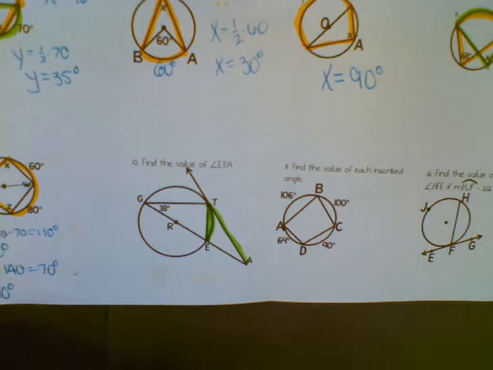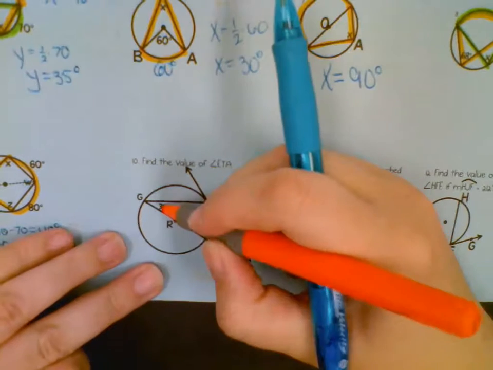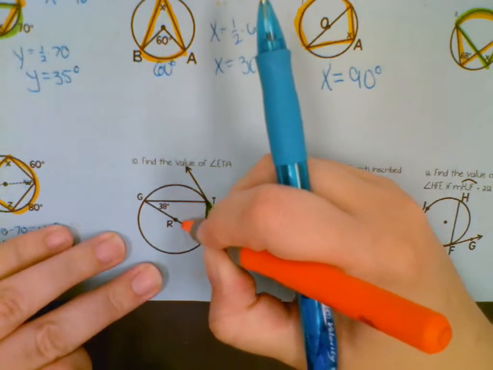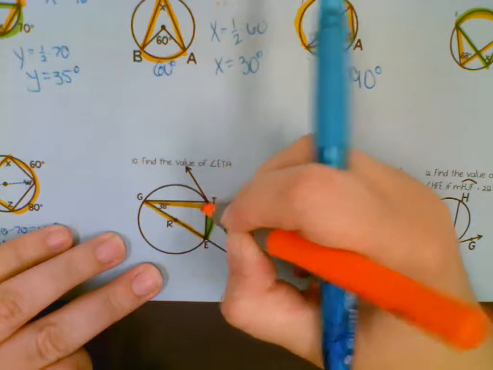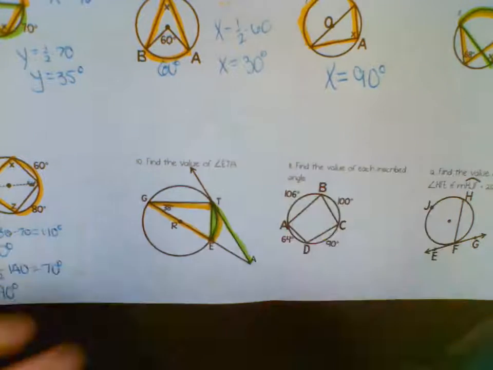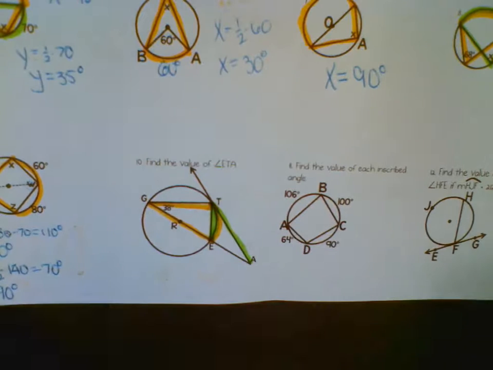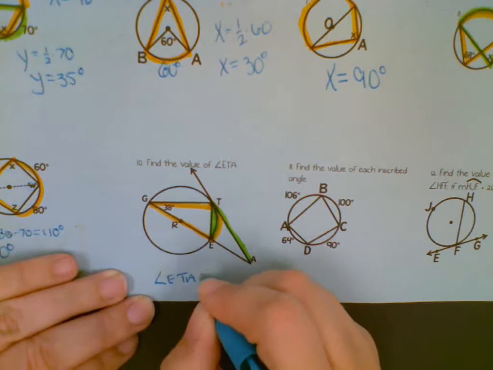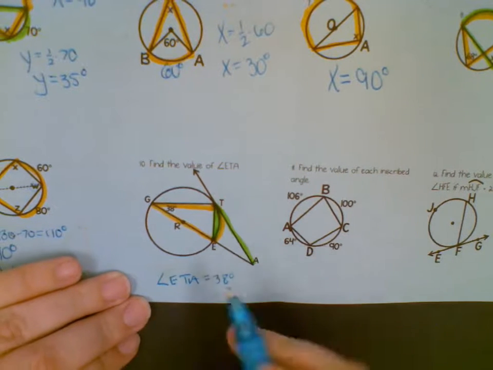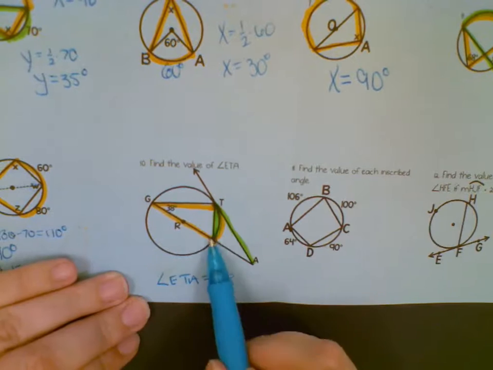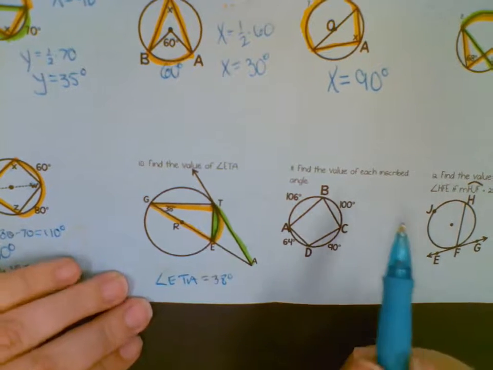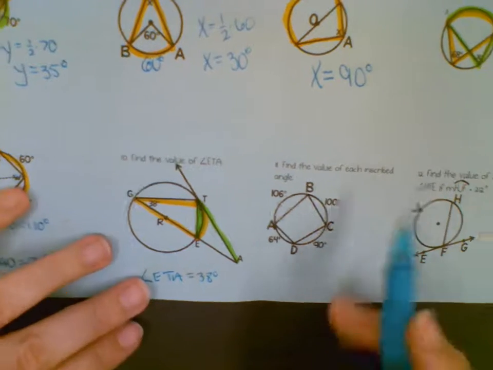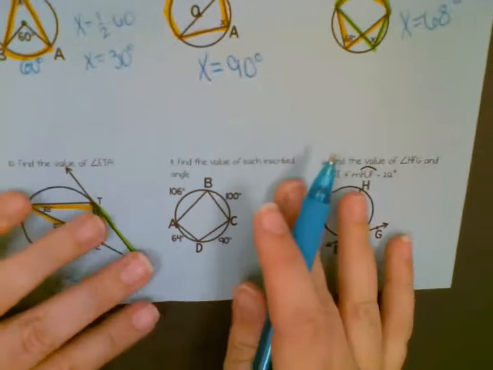But if we take a look at what they gave us, they told us that this angle is 38, and that angle is also open to chord TE. So the angle that we want is just 38. So angle ETA equals 38. That's because those two angles are open to the same arc, so they're congruent, just like question number 8. The picture just looks different.